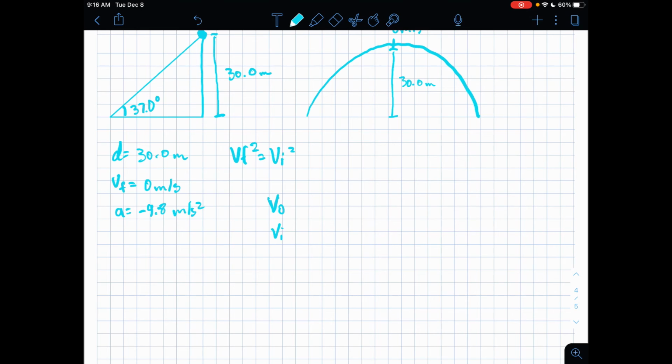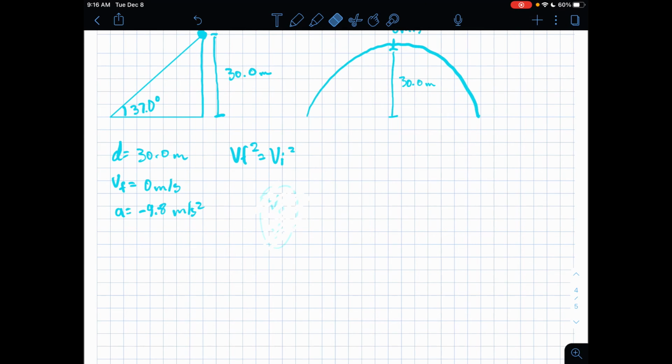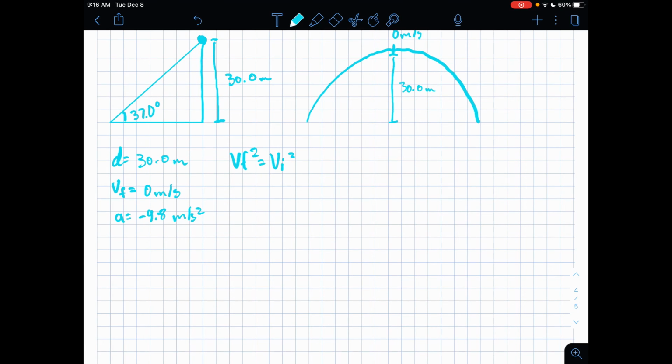Either way works, just based on personal preference, but they both mean the initial velocity. So yeah, you have enough information to find the initial velocity from the equation Vf squared is equal to V initial squared plus 2AD.